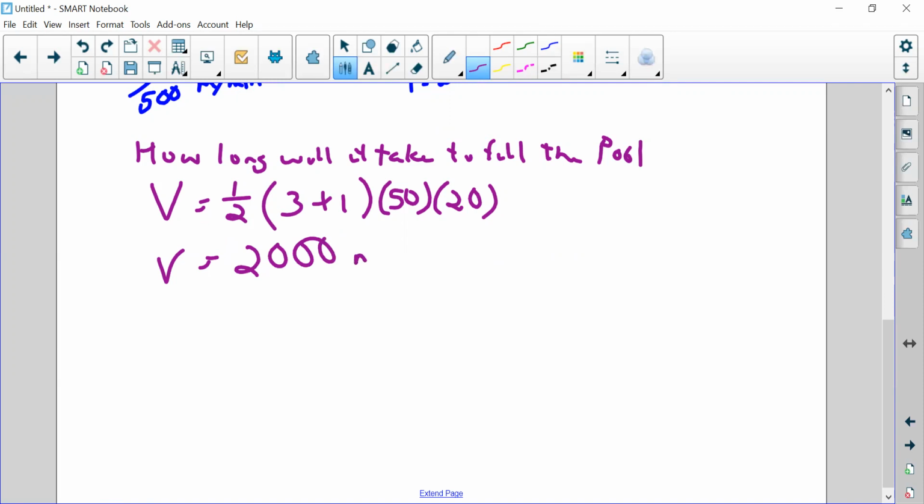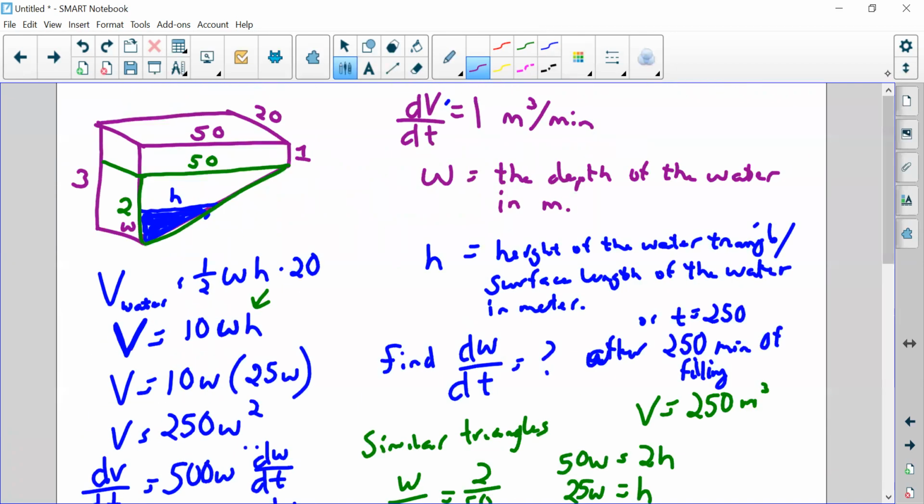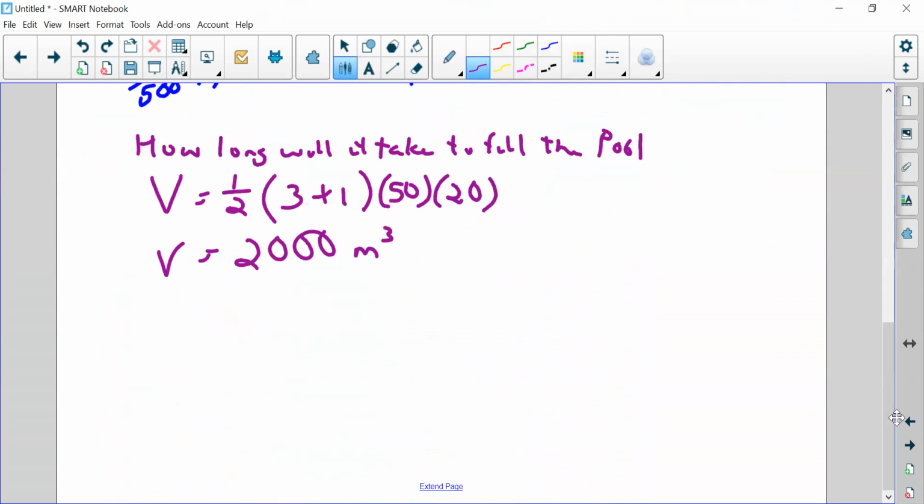And volume is cubic meters. Okay, so we know that the pool contains 2,000 cubic meters, and it is filling at a rate of 1 cubic meter per minute. So how many minutes would it take for it to fill? 2,000 minutes.